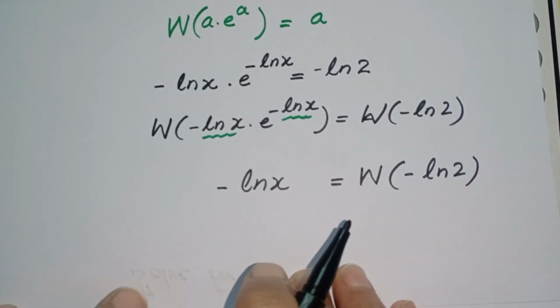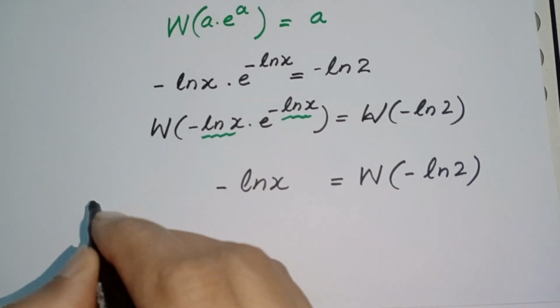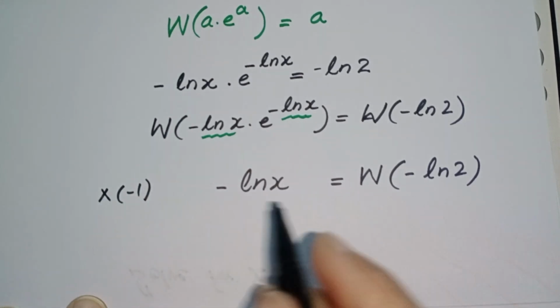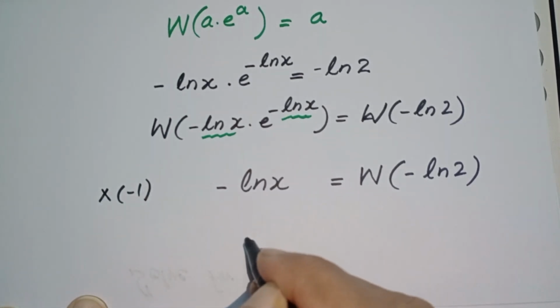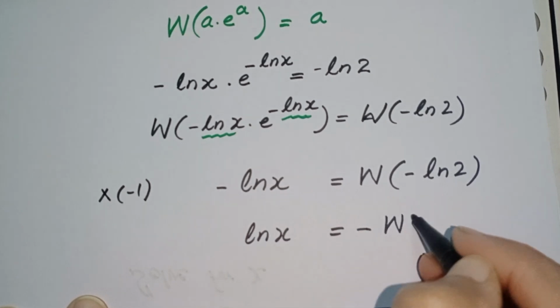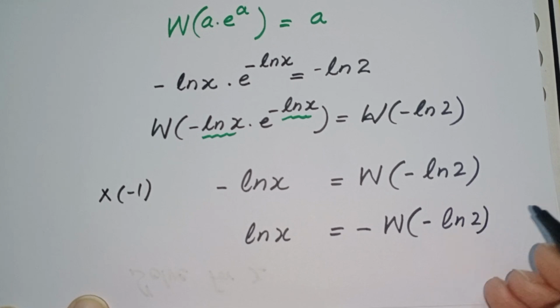Here we have a negative sign. We want to eliminate this negative sign, so we will multiply by minus 1 on both sides, left hand side and right hand side. So we will get natural log x is equal to minus Lambert W function of minus natural log 2.